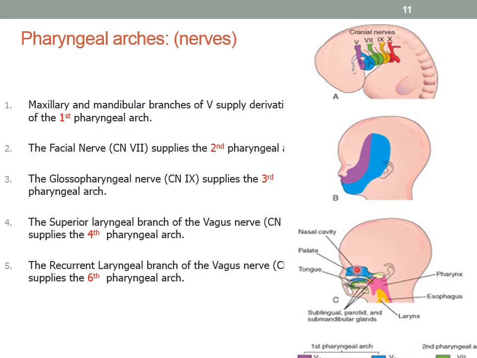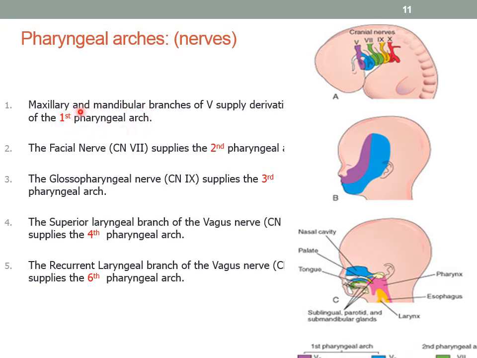As we see here, we have the nasal cavity, the tongue, sublingual, parotid and submandibular glands. We have the pharynx and lower down the esophagus and the larynx. Each corresponding structure is supplied by the nerve that supplies the corresponding pharyngeal arch.